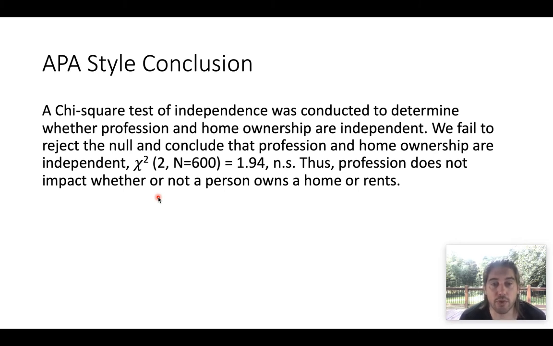We fail to reject the null, and we conclude profession and home ownership are independent. Chi-square, 2 degrees of freedom, 600 participants equals 1.94, not significant. Thus, profession does not impact whether or not a person owns a home or rents. So profession has no impact on home ownership.